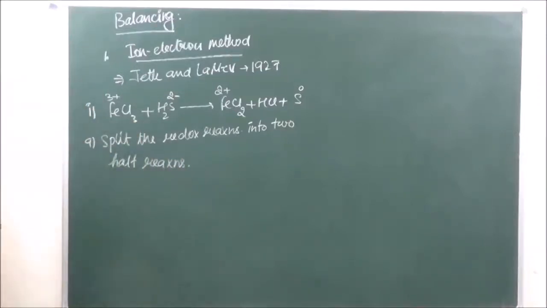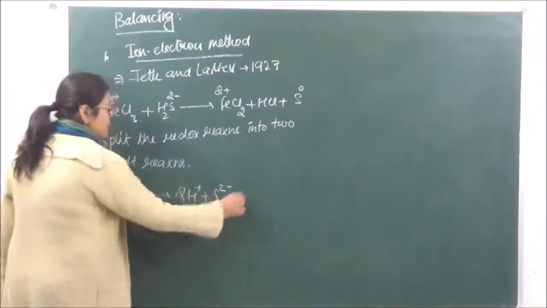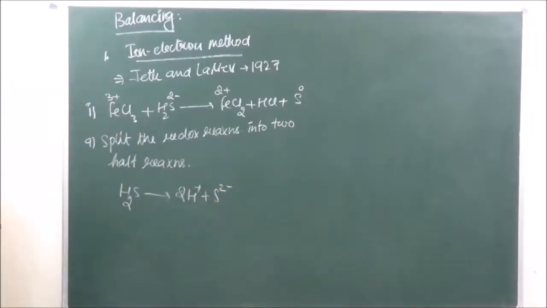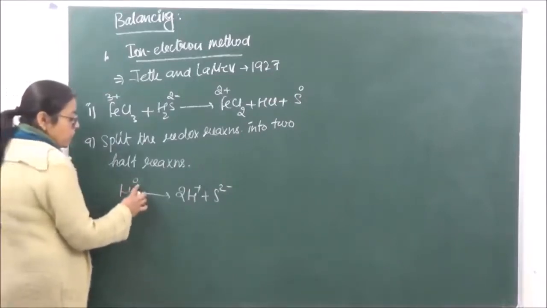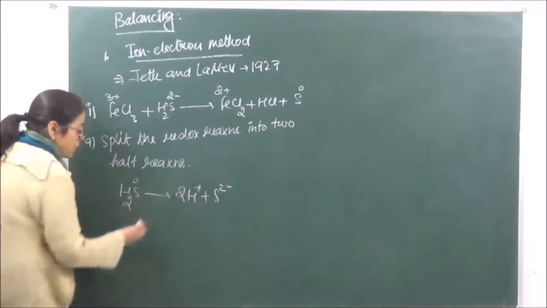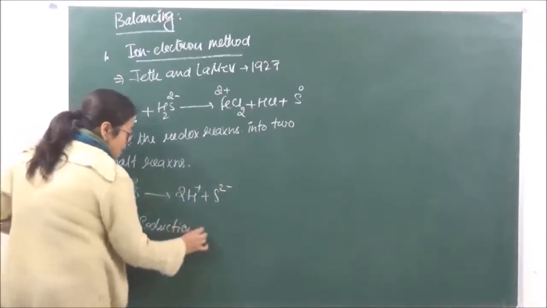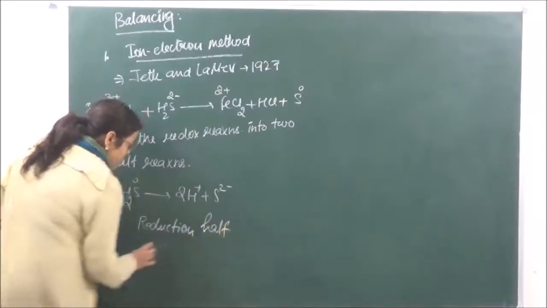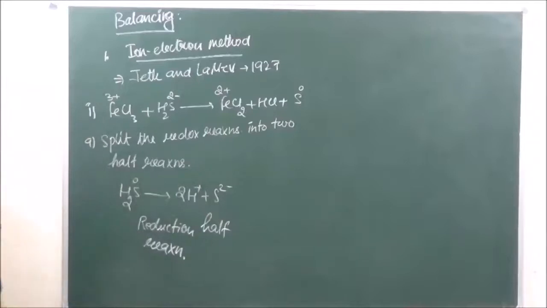For example, here we have H2S, which is going to give us 2H positive plus S2 negative. So over here, the oxidation state is going from 0 to -2 for sulfur. This is going to be the reduction half reaction, okay?